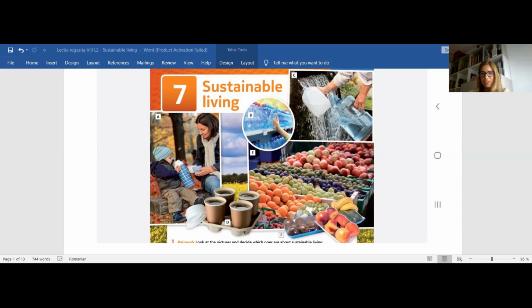As you have figured out for yourselves, of course, pictures A, C, and E are about sustainable living.